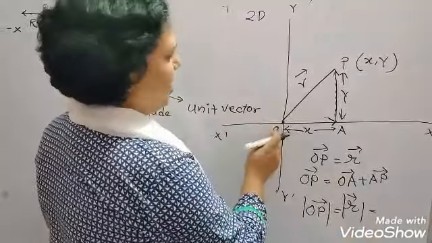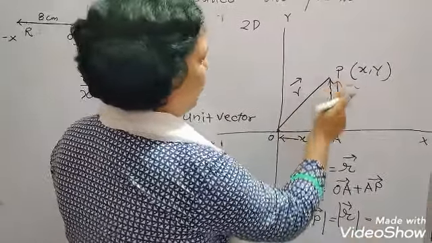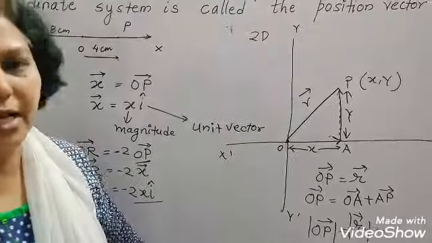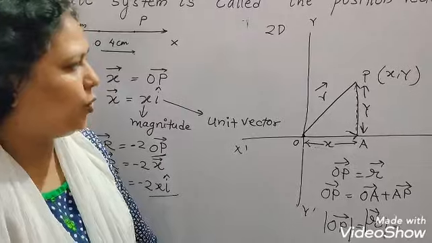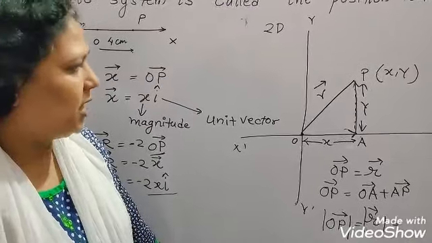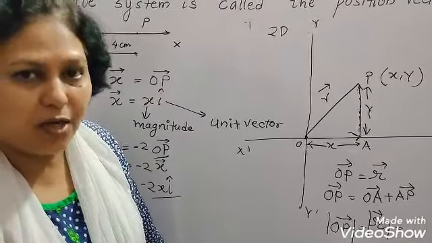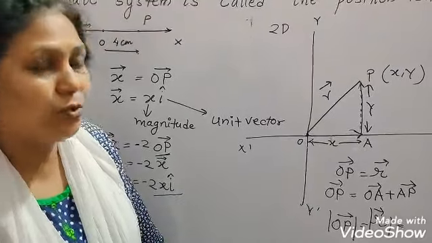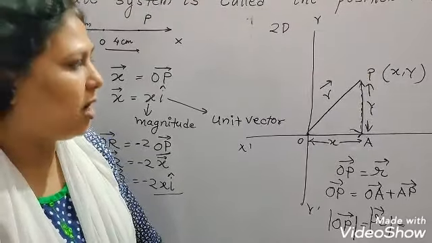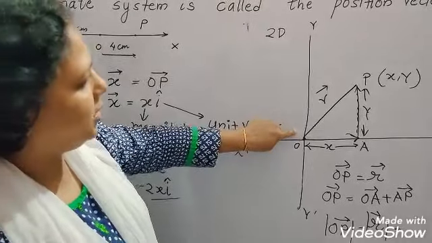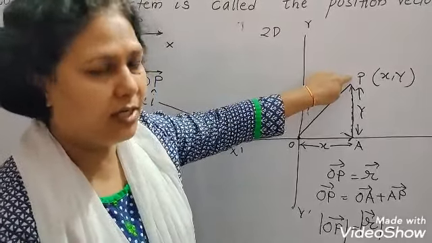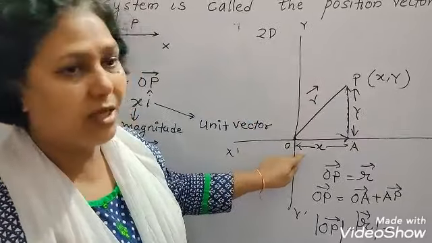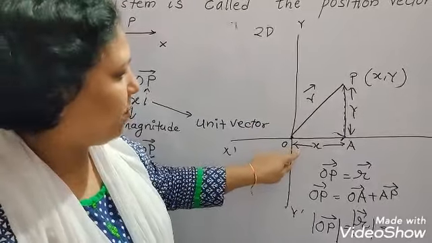You can see that this triangle OPA is a right angle triangle, and the length of side OP will give us the magnitude of R. That means we are going to calculate the length OP. And how will we calculate it? Just by applying the Pythagoras theorem.